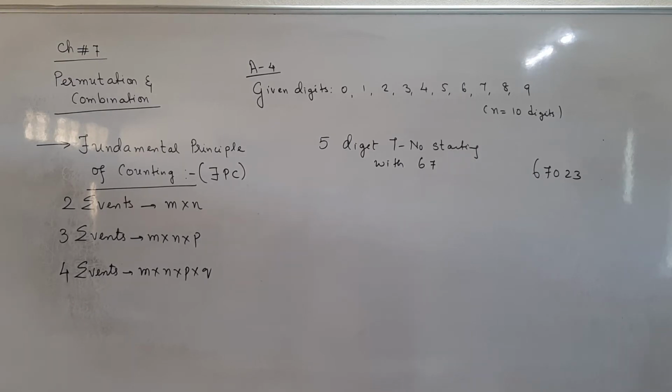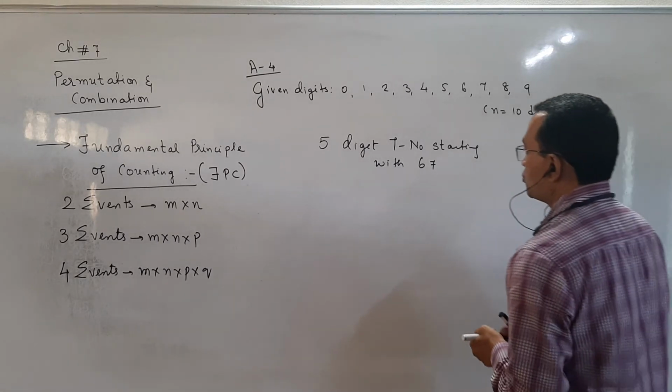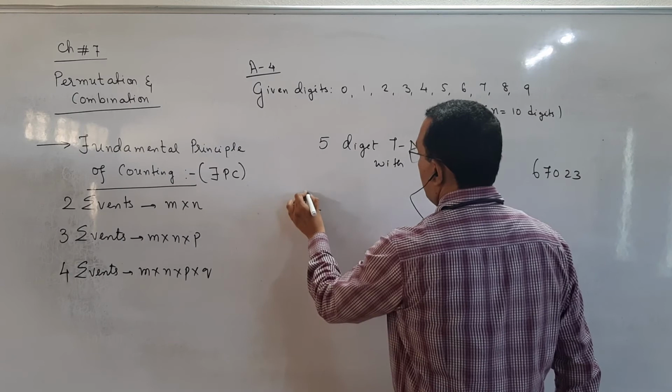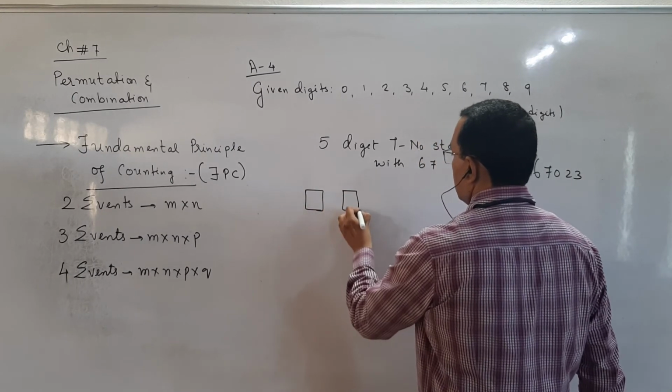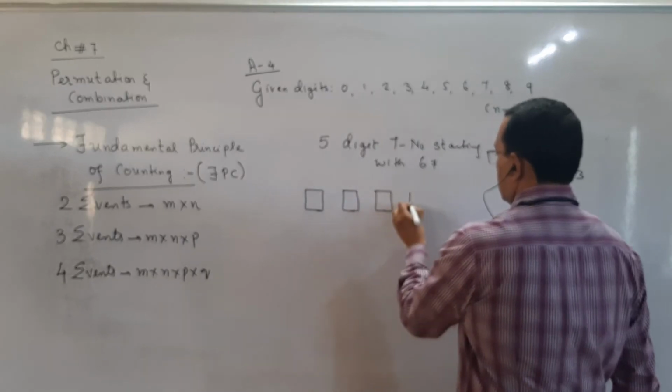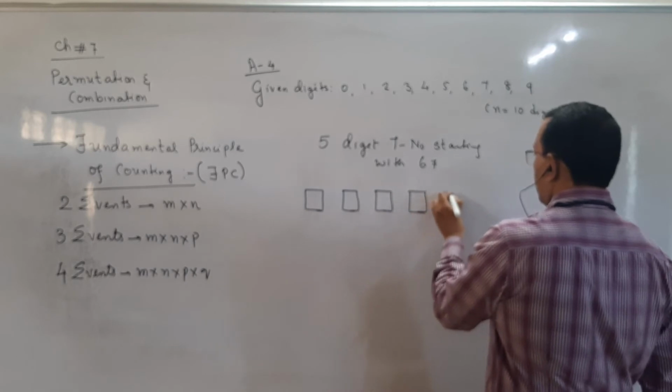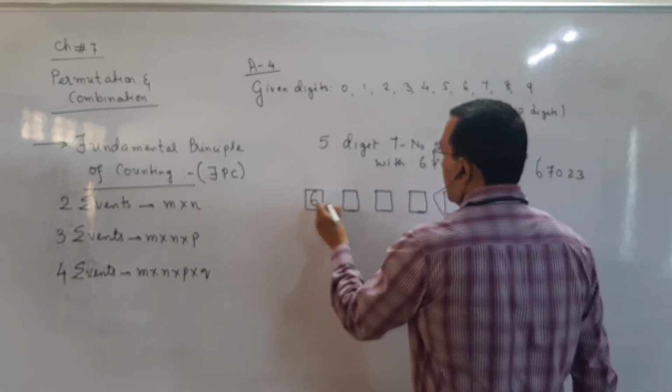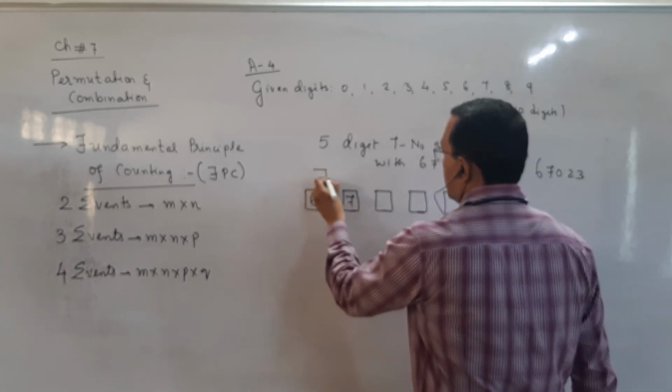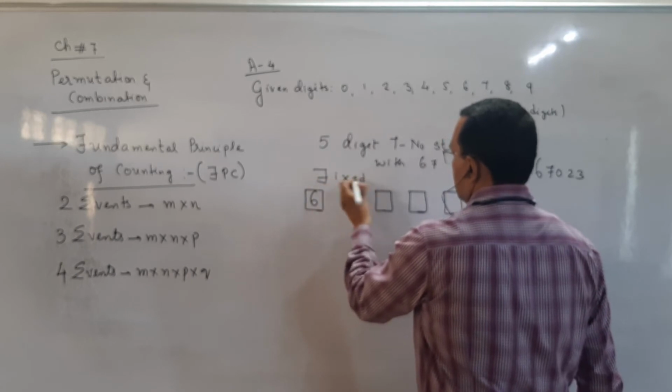I am not telling anything on my own. It is as per the given condition of the sum. So for 5 digits, students, I have to draw 5 boxes, and this is fixed.